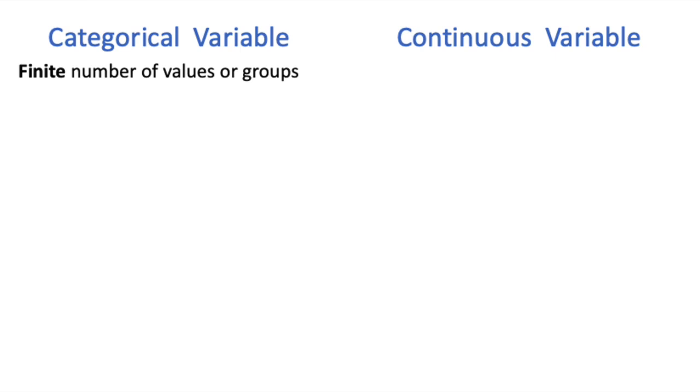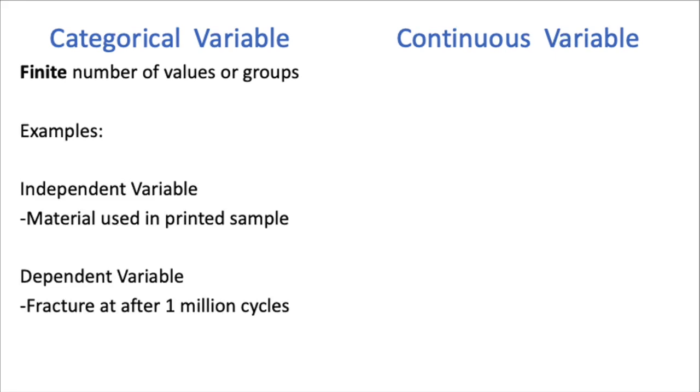As a mechanical engineer, I often do material science testing on 3D printed samples. So in my world, an example of a categorical independent variable is what material I use in my printed sample.